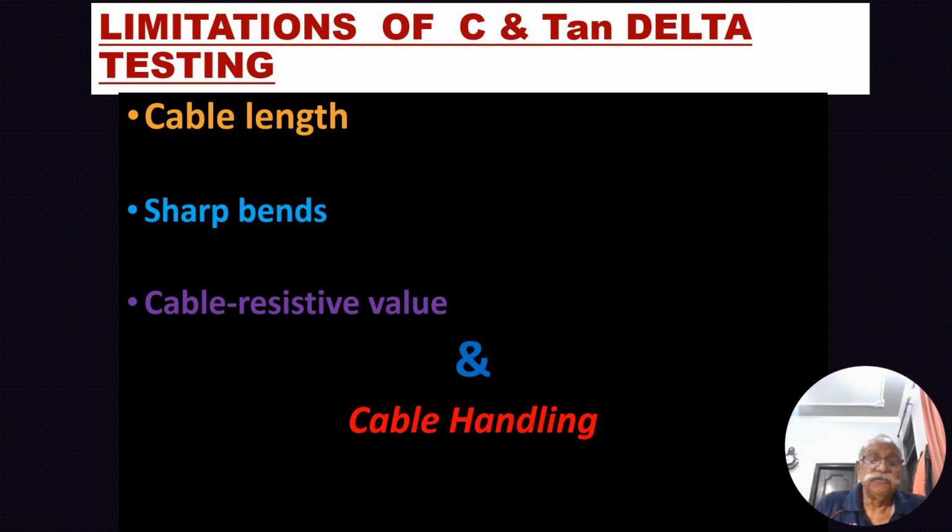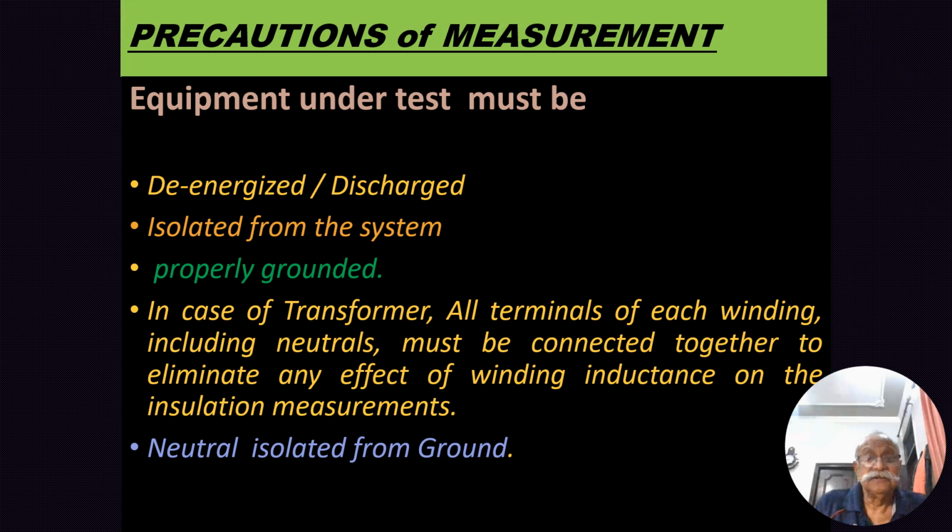Its handling should be very careful. Its outer insulation and inner sheath insulation should not be damaged. So the storage and handling of this cable lead, the 10 kV lead, plays a very important role in this.